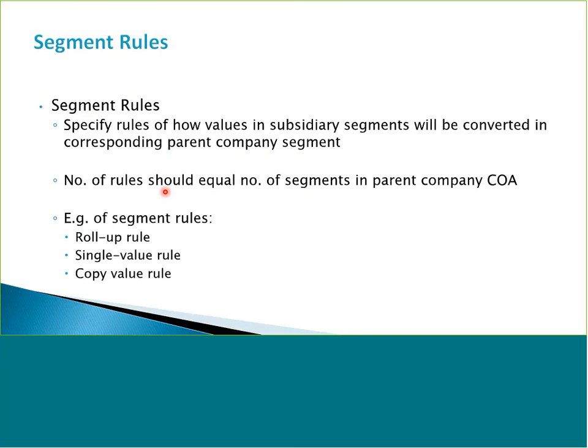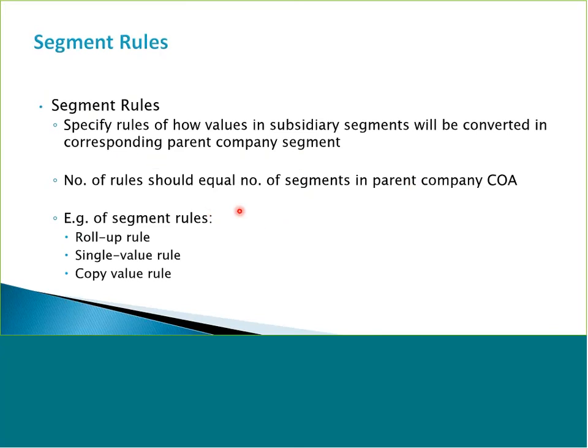So what is the difference apart from the obvious way in which we implement them? Segment rules is much easier to implement, because for segment rules you're only dealing with the values in the segment. Okay, you're not dealing with combinations. For combinations, you have to deal with as many combinations as is the product of all the values in each segment. That is the number of combinations that you have to deal with.